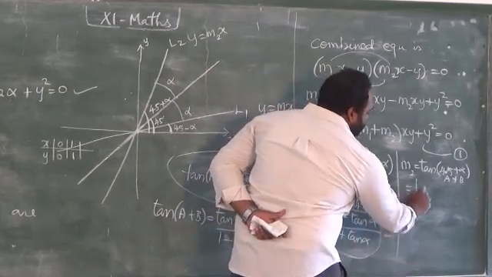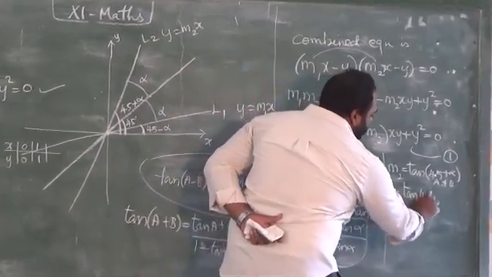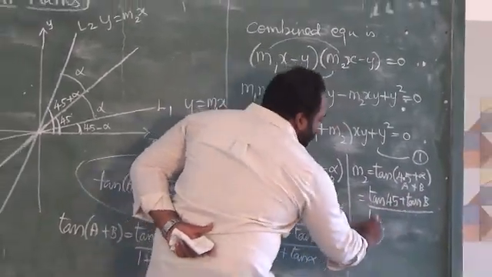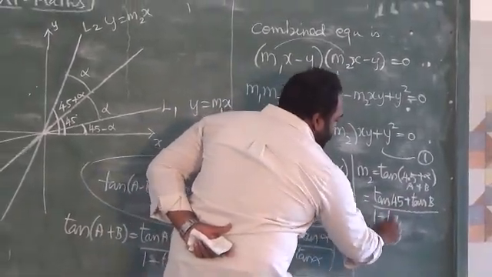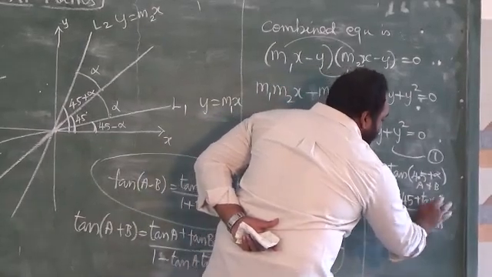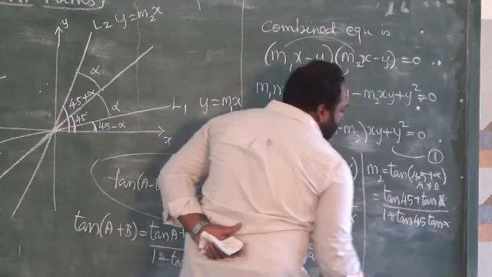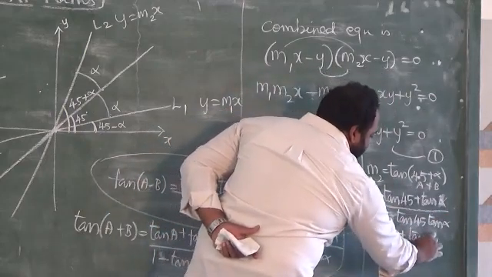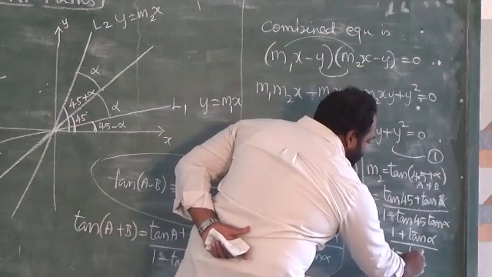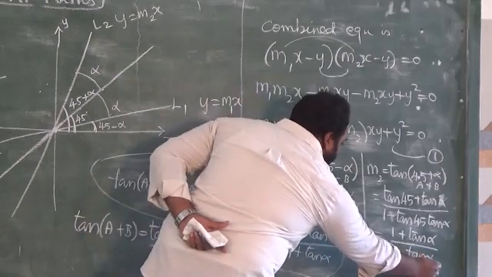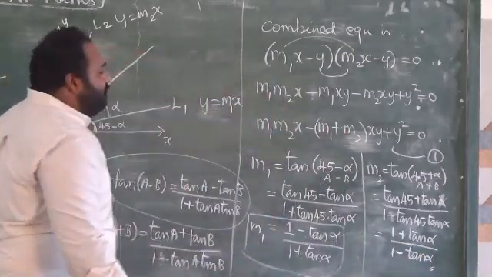So M2 equals (tan 45 plus tan alpha) by (1 minus tan 45 tan alpha). Since tan 45 is 1, M2 is (1 plus tan alpha) by (1 minus tan alpha). Now we got the M2 value.